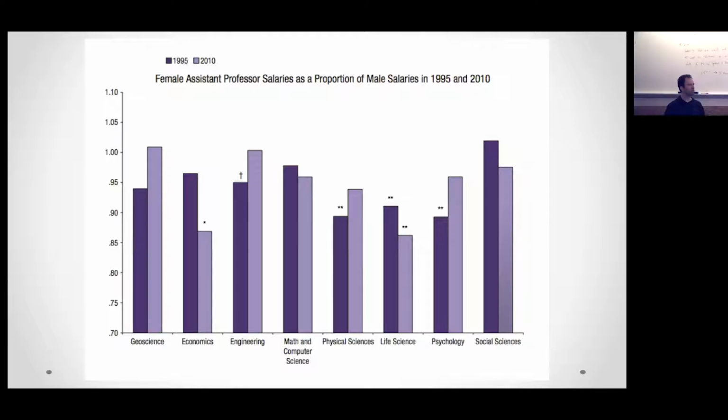Uncertainty is irreducible lack of knowledge, emphasis on irreducible. There is no statistical process that you can do that can tell you whether the difference in female assistant professor salaries in the life sciences is due to discrimination, right?